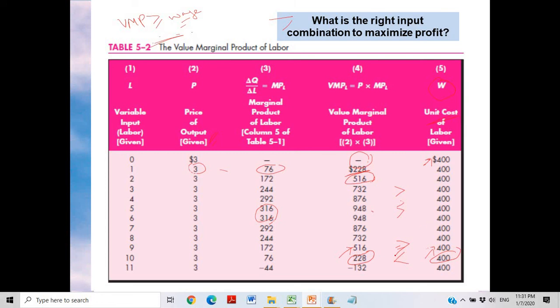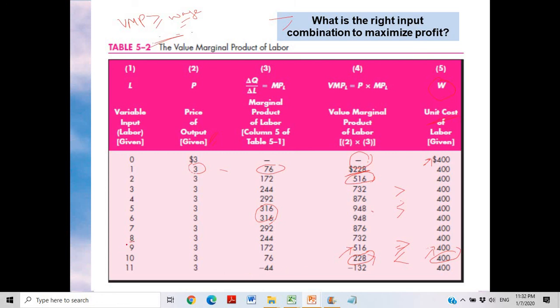So in this case we have to pay 400, but the value of the product that we receive is lesser, so it's not worth it for us to pay the additional anymore. So what is the right input combination to maximize profit?